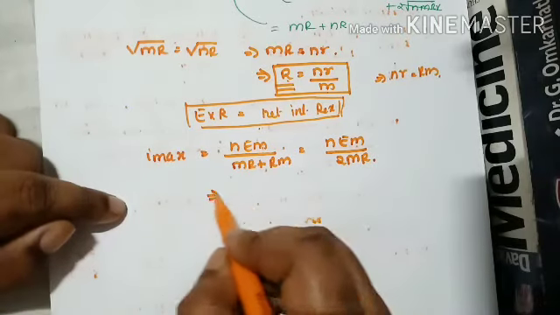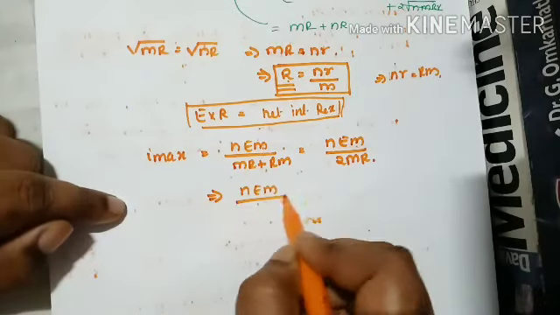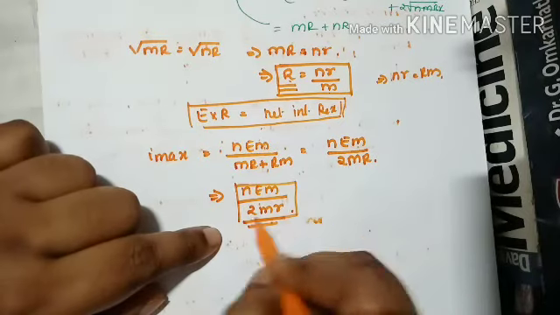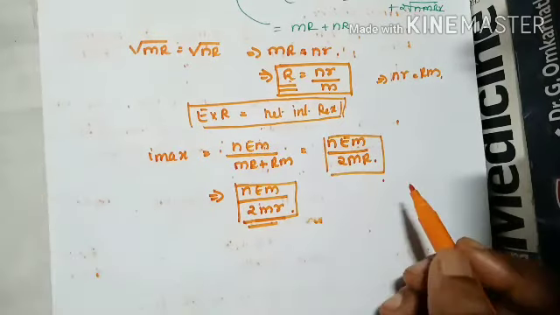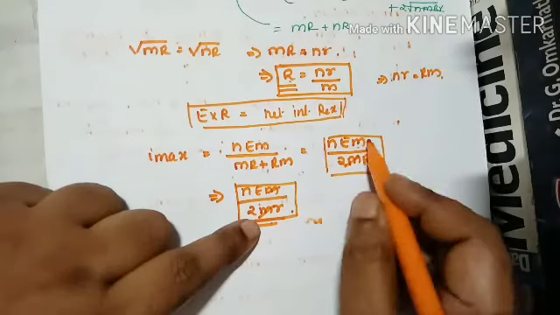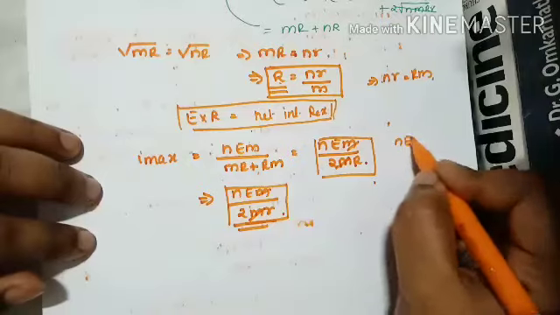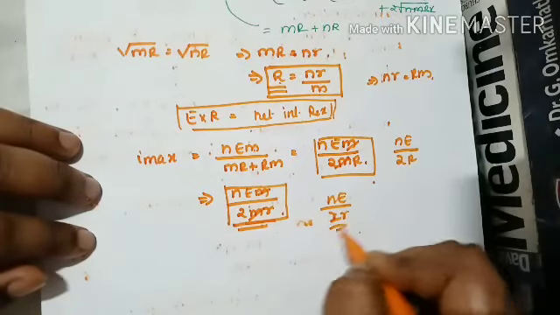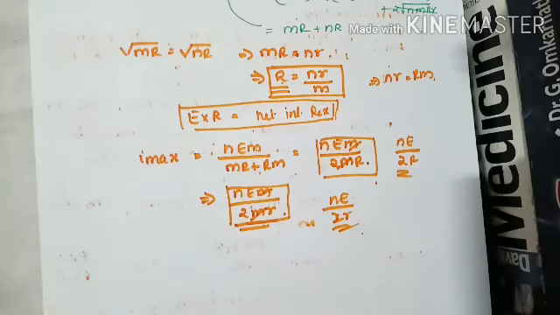See if it is correct or not, just cross check it, guys. In these two ways this M can be cut, this 2 can be cut. So it is NE by 2R, or NE by 2R. Both of the answers are correct. This should be understood properly. Please pause the video again and again and listen.